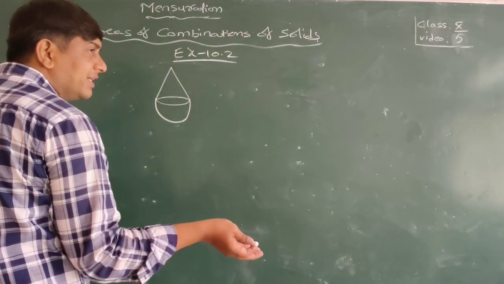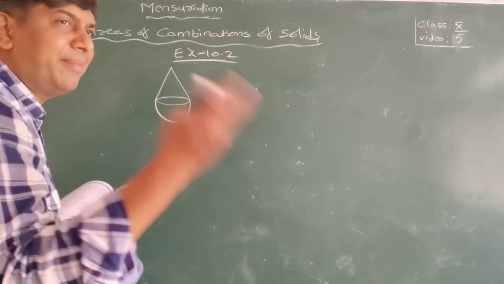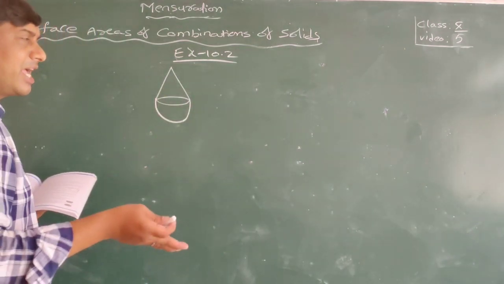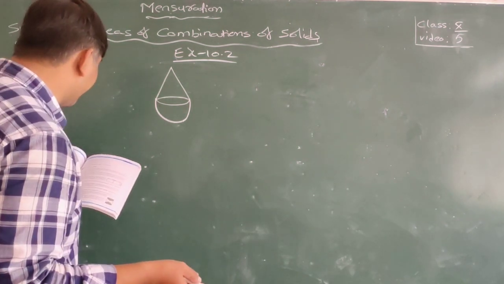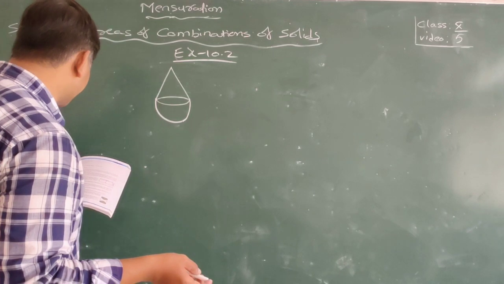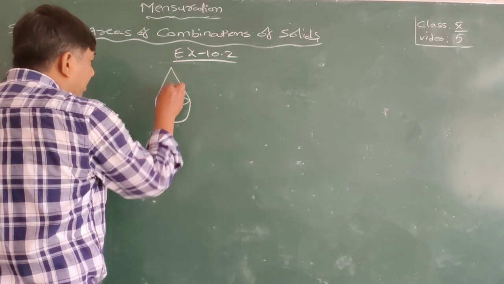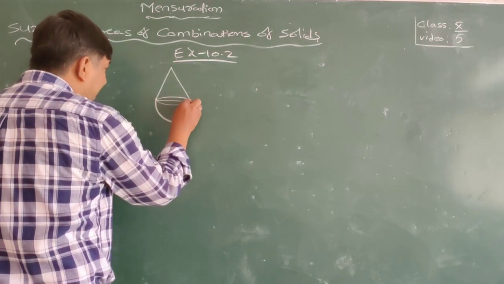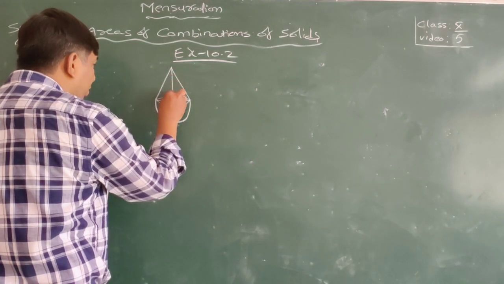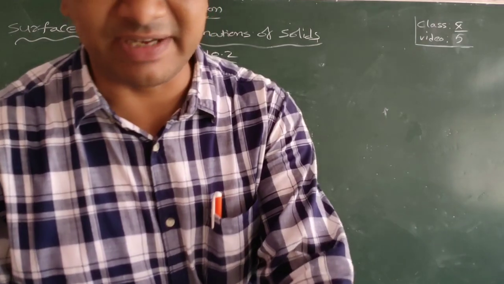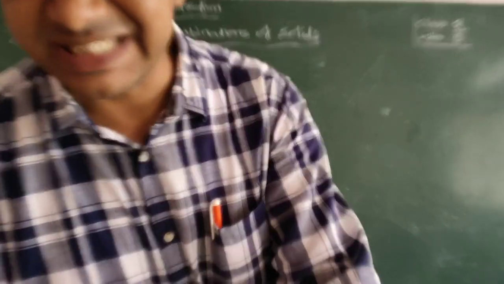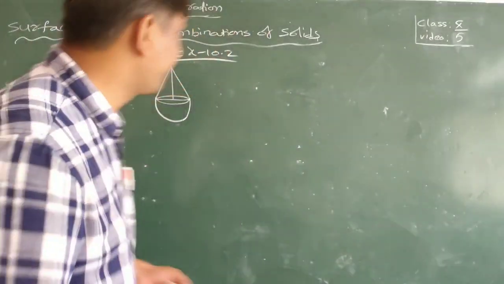Whenever it says mounted or surmounted, it means the diameter is common. Radius or diameter, whatever it is, is the same. The base diameter and the height of the cone are 6 cm and 4 cm respectively. Determine the surface area of the toy.